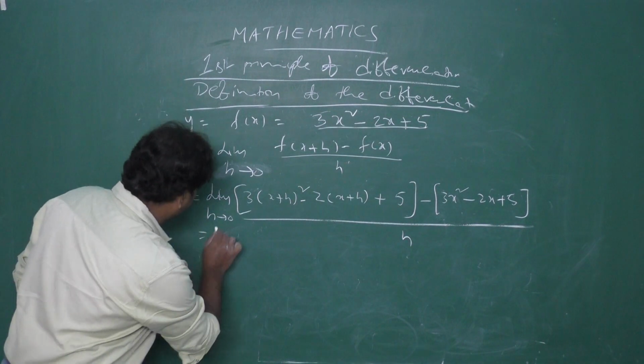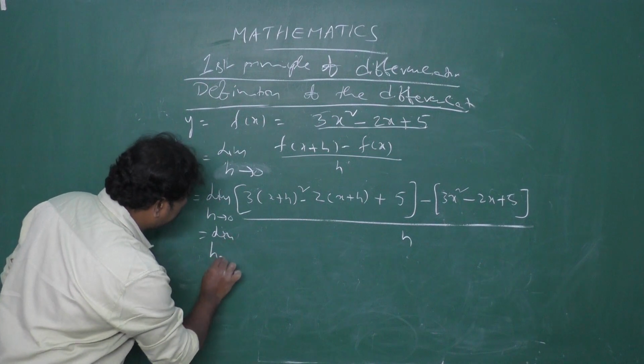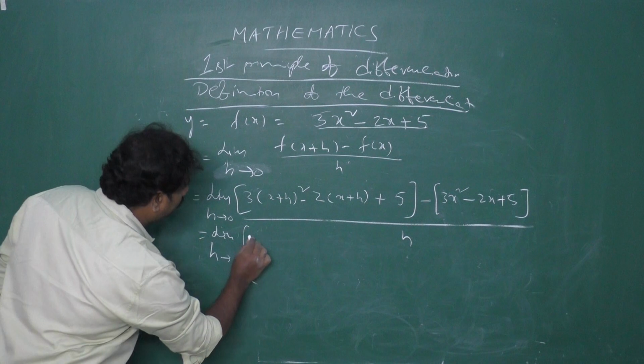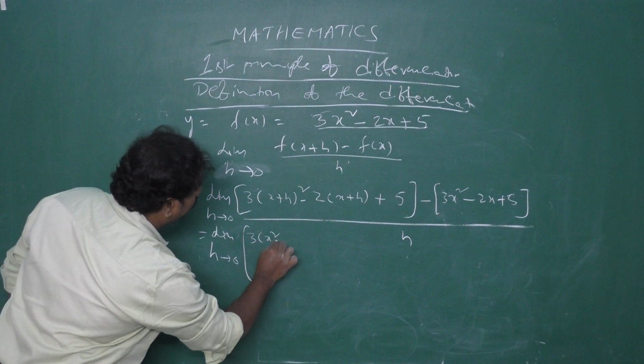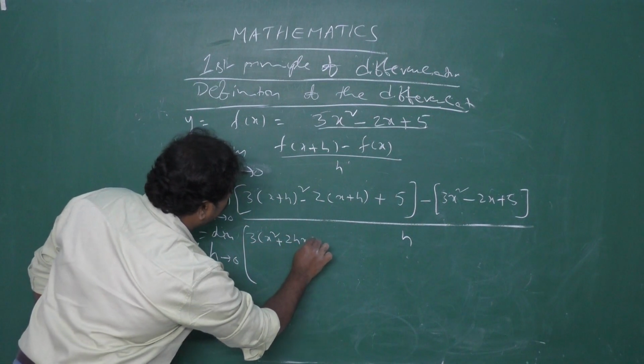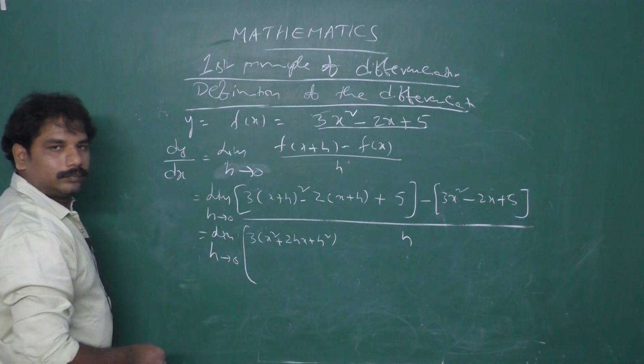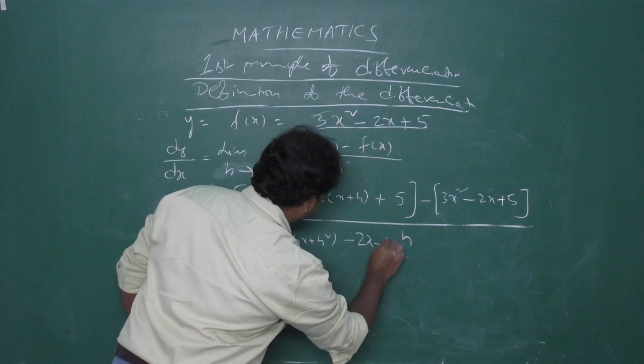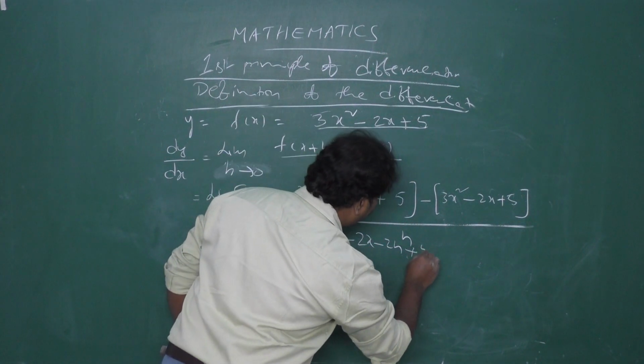Now we are going to simplify. Limit h tends to 0. Simplifying in this bracket, we have 3 into x square plus 2hx plus h square minus 2x minus 2h plus 5.